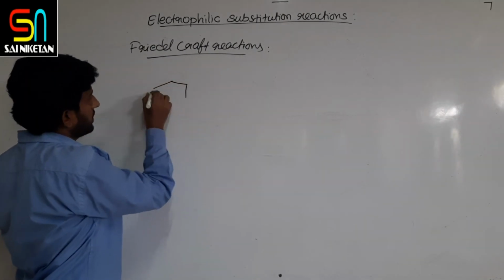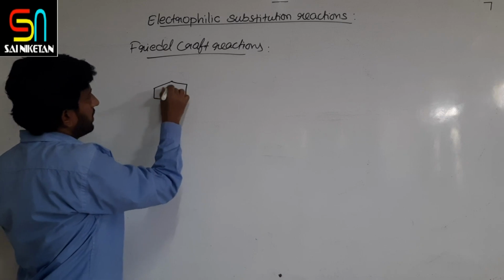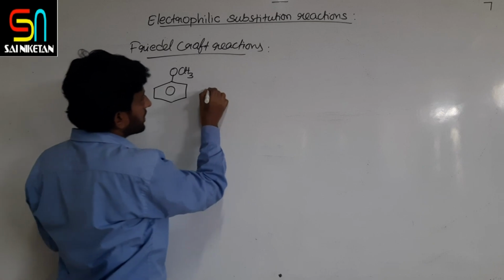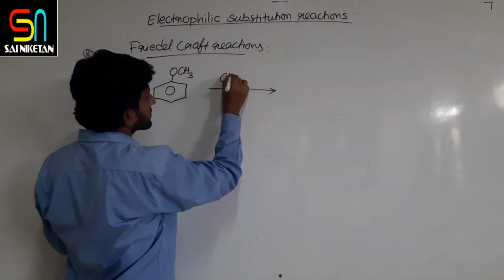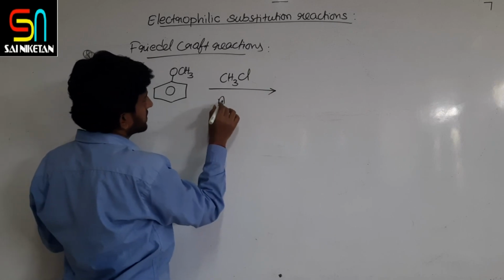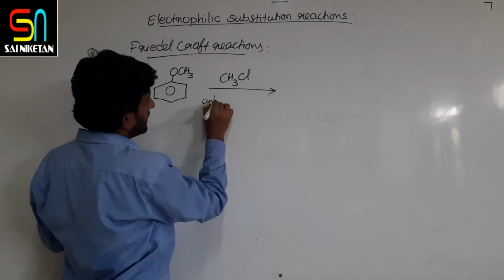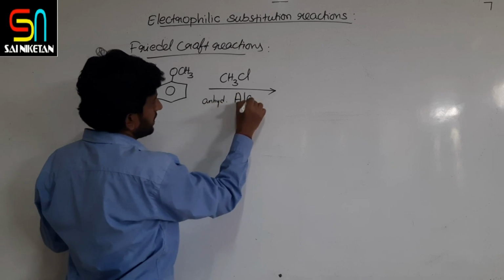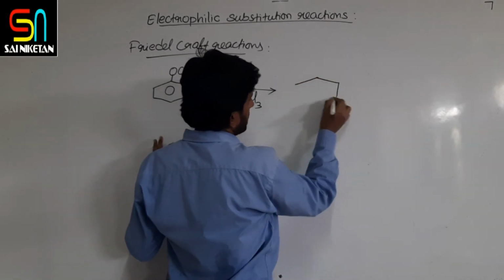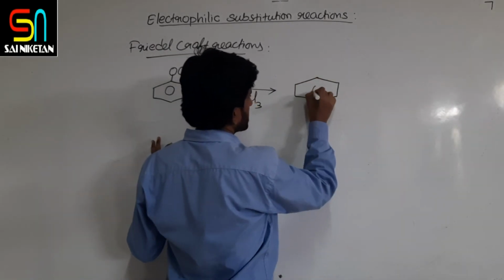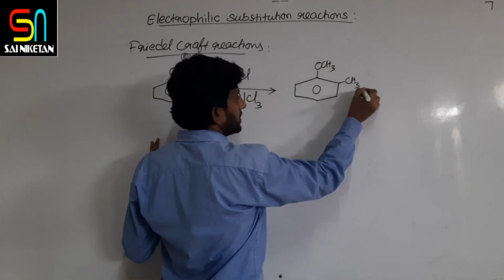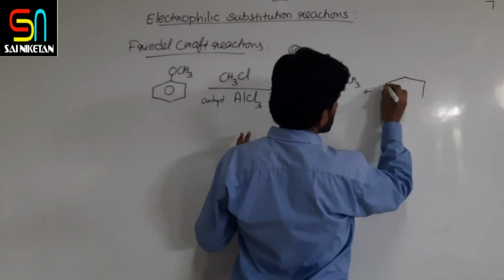What we are doing is anisole on reaction with alkyl halide with anhydrous AlCl3, you get ortho and para substituted products, that is, these are the two products which are obtained.